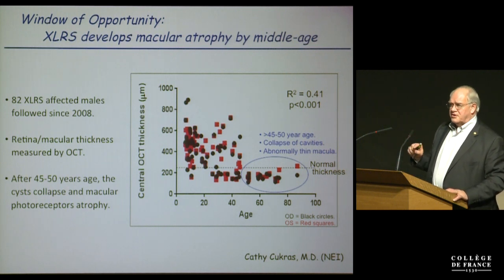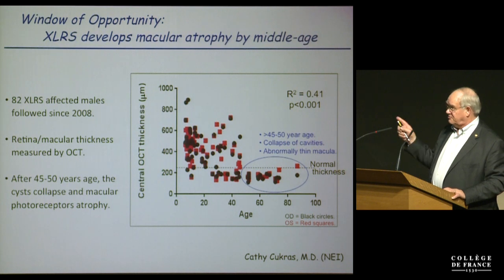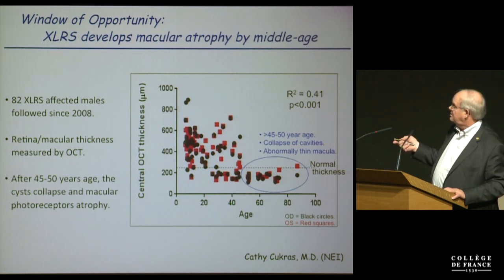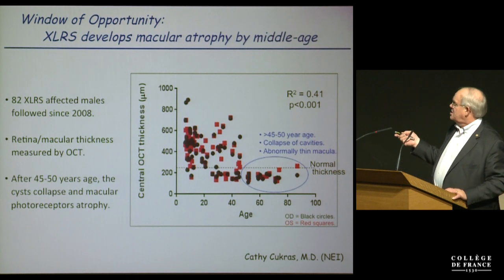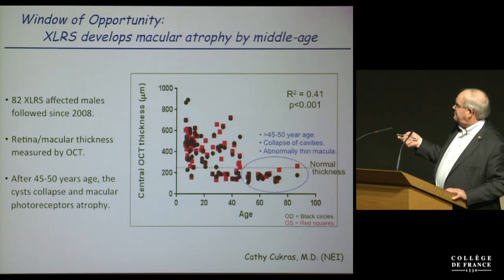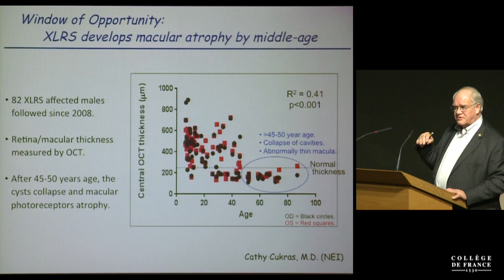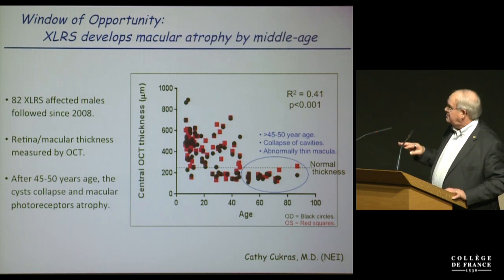When you start looking at the clinical patients, there is another window of opportunity, at least for this condition, and that is by age. Here, 20 years old, 40 years old, 60 and 80 years old. The retina at young age is abnormally thick because of those cavities. But by age 50, the cavities collapse. There is some natural history, some evolution of the disease.